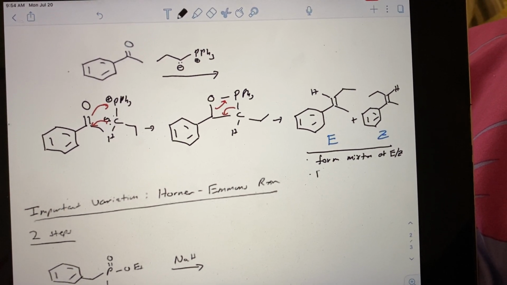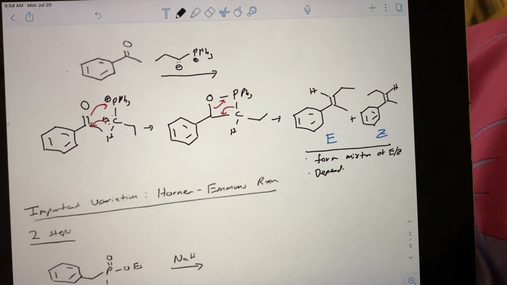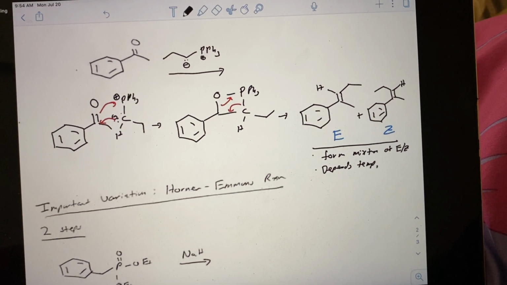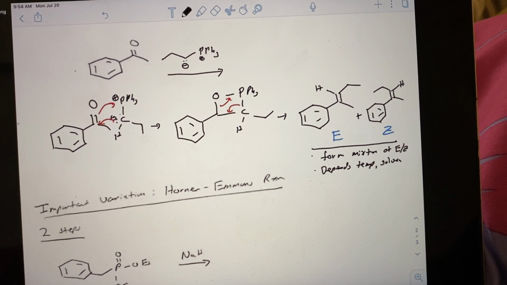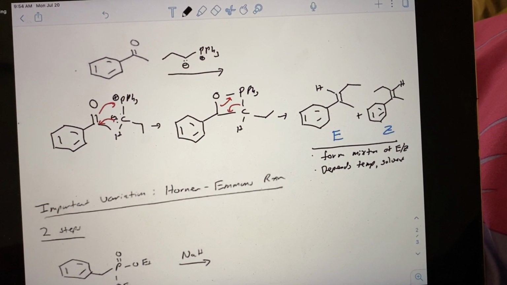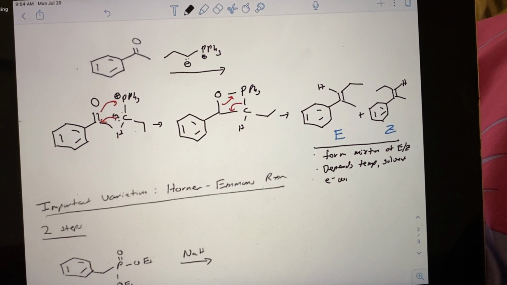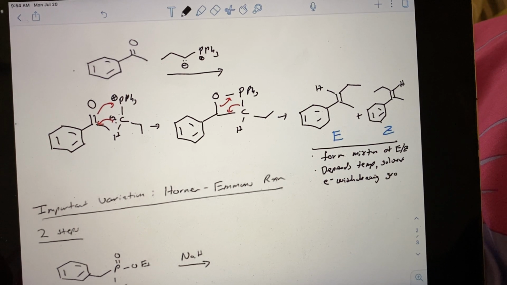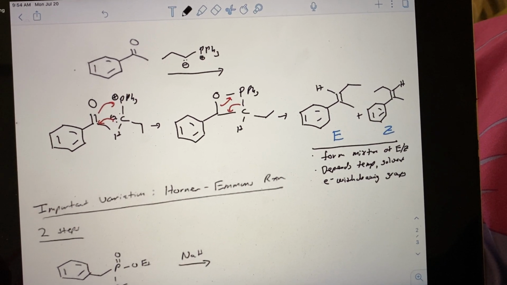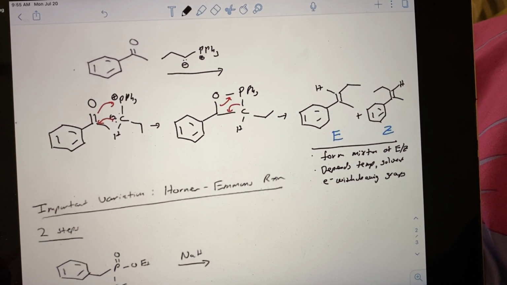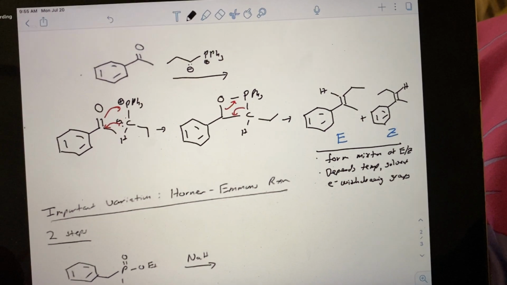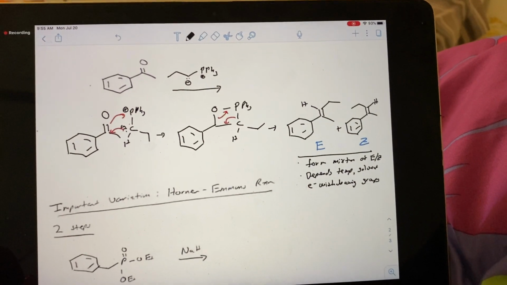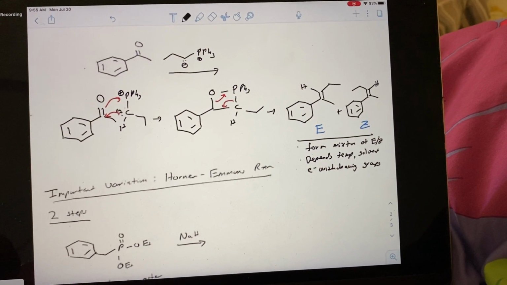So it depends on the temperature of the reaction, the solvent, if you have electron withdrawing groups, lots of different things. All we're going to say for our purposes now is that you'll end up with a mixture of the E and the Z stereoisomers. So if you can form stereoisomers, you will, and you'll have a mixture of both.